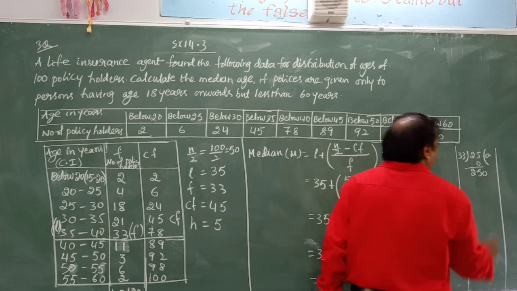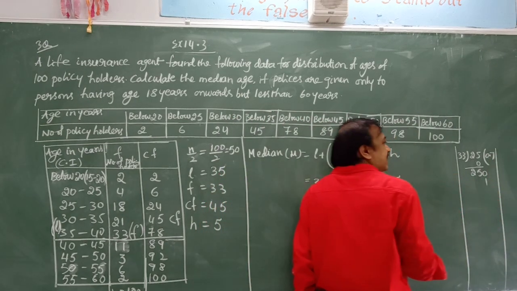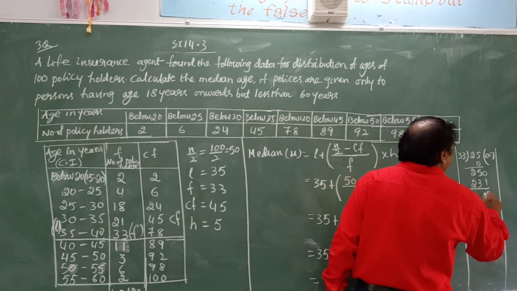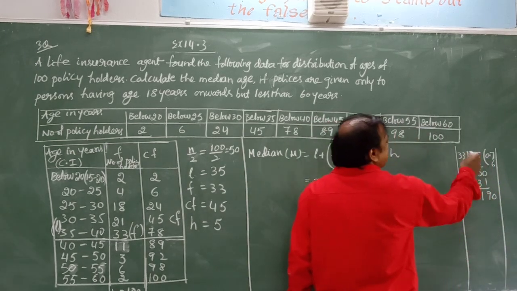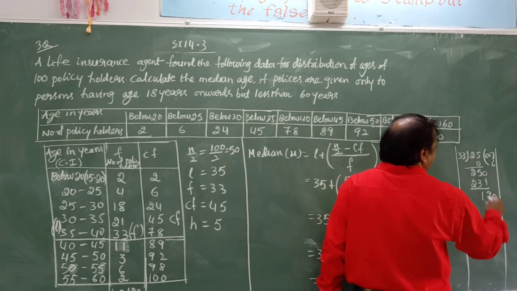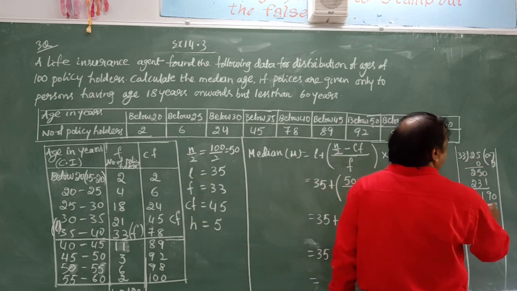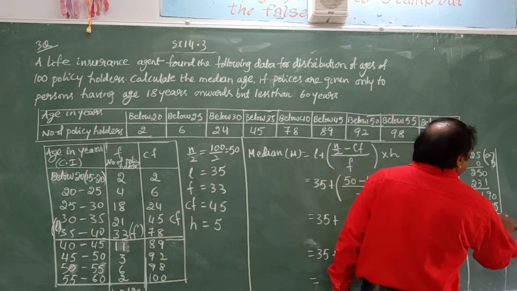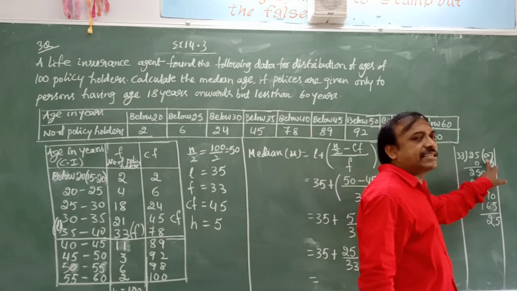Then put a point and 0. 7 threes are 21, plus 2 is 23. Then 6 threes are 18, plus 1 is 19. Not suitable, so then go for 5. 5 threes are 15, plus 1 is 16. It is going to continue like that. We will stop up to 2 decimal places.